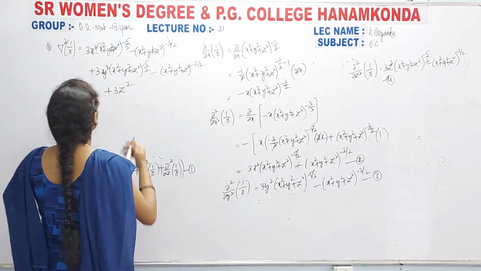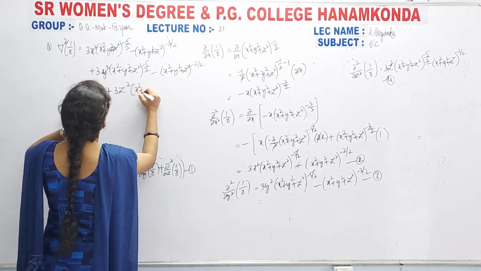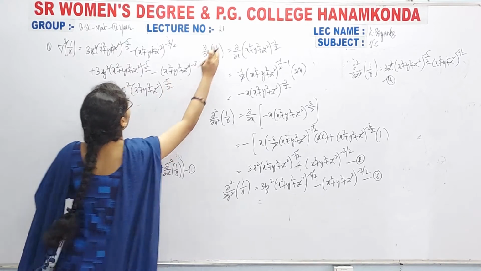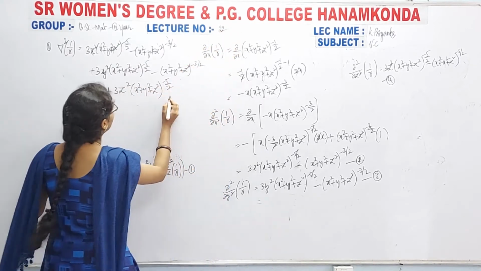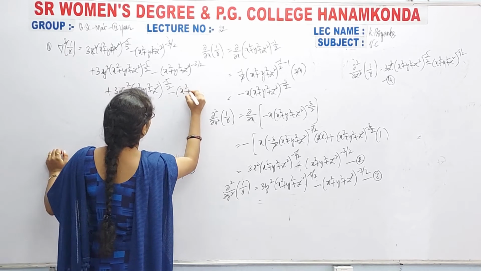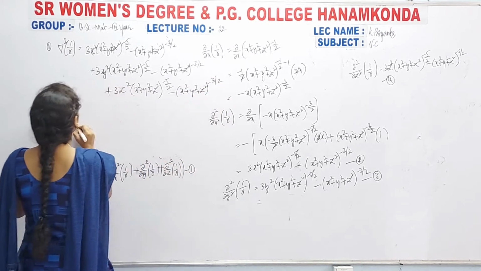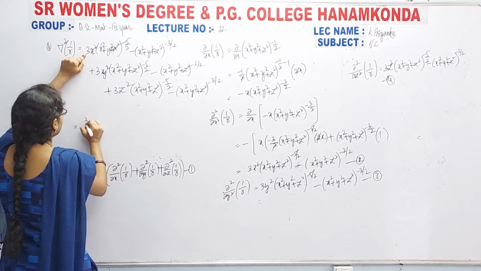So now here 3z square of (x square plus y square plus z square) whole to the power of minus 5 by 2, and minus of (x square plus y square plus z square) whole to the power of minus 3 by 2. By adding all this, I am taking 3 common.